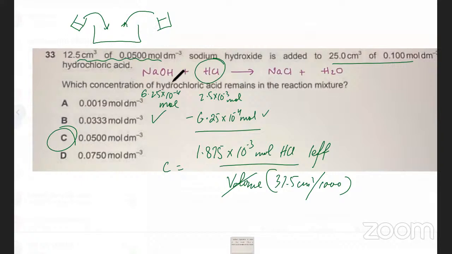It's pretty obvious that if you mix 25 cm cube with 25 cm cube, the new solution has a volume of 50 cm cube, because that's the new volume. Actually, this one last. Wait a second.